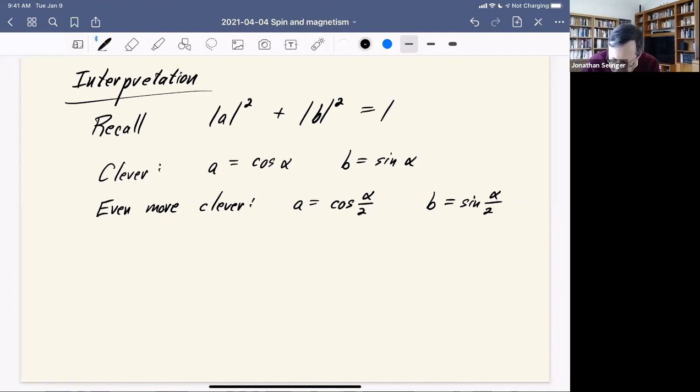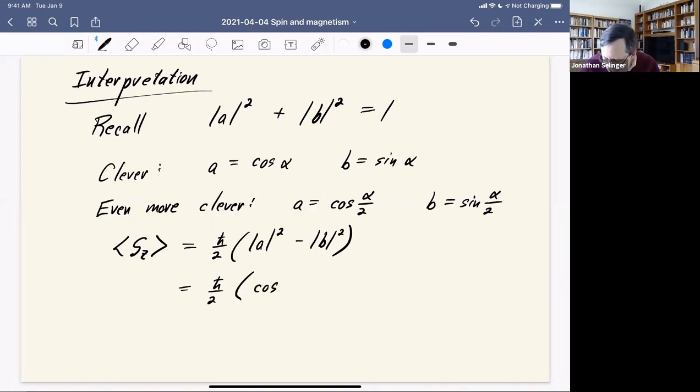So the Sz expectation value is then what? It is h bar over 2 times the magnitude of A squared minus the magnitude of B squared. So that is h bar over 2 times the cosine squared of alpha over 2 minus the sine squared of alpha over 2.